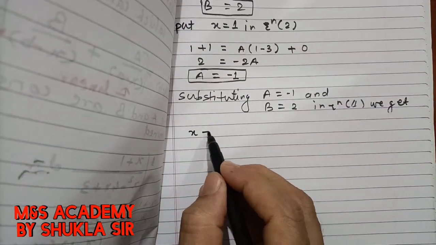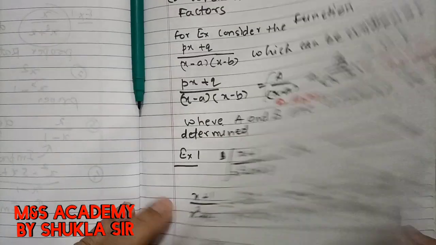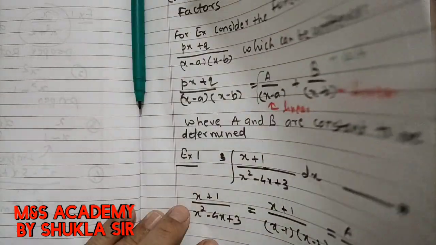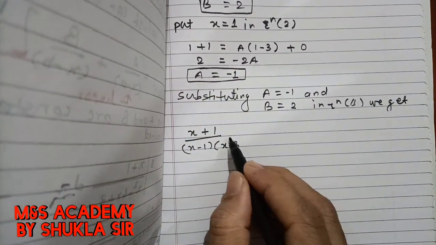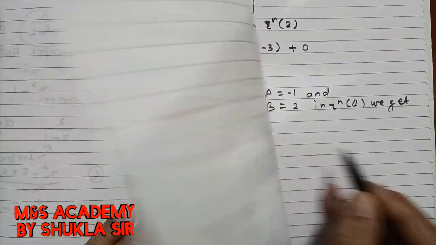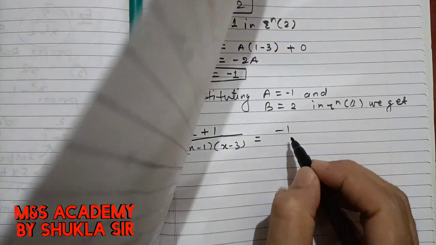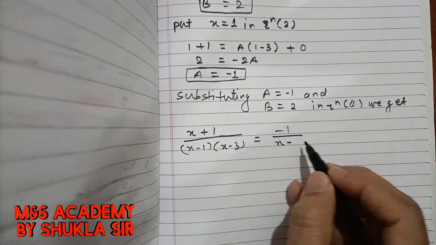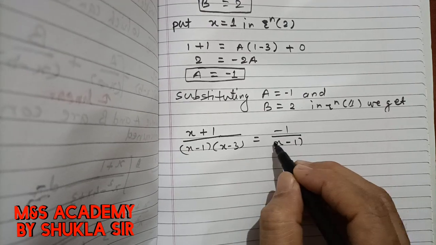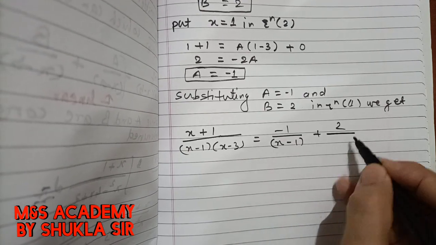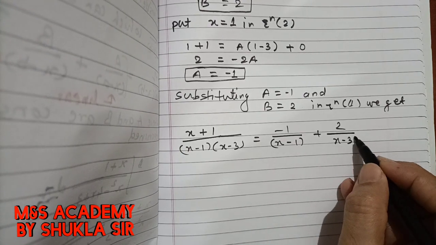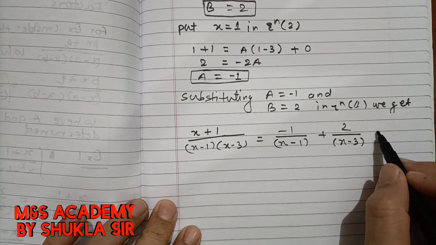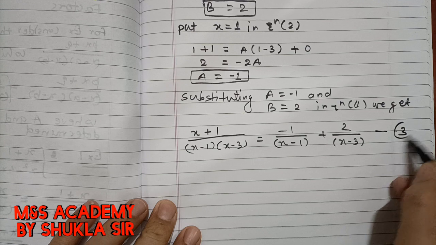So (x plus 1) divided by (x minus 1)(x minus 3) is equal to minus 1 divided by (x minus 1) plus 2 by (x minus 3). Mark this as equation 3.